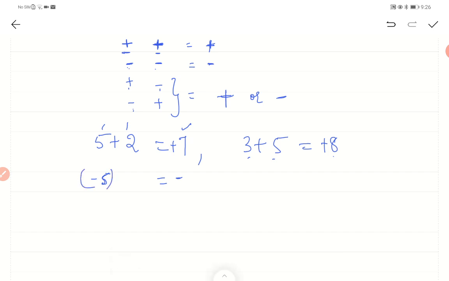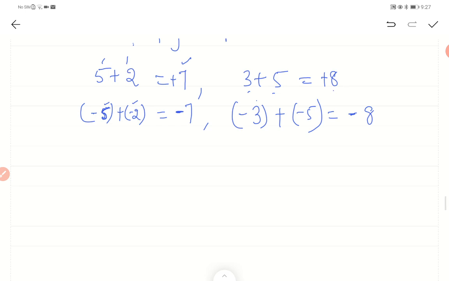I will take this in bracket, minus 5 plus minus 2. You are adding two numbers 5 and 2, you will get 7, but it is minus 7 because both are negative integers. So if I take minus 3 plus minus 5, this is 5, 6, 7, 8, but it is minus 8.